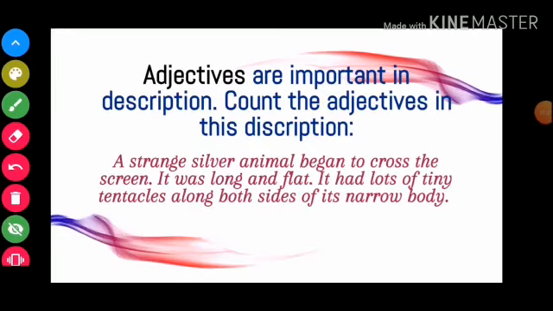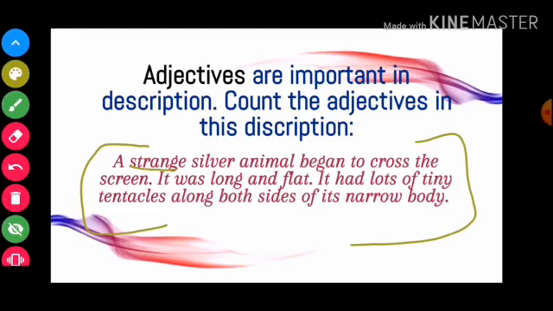Adjectives are important in description. الصفات مهمة جدا في الوصف. We use adjectives, right? Now count the adjectives in this description. كم صفة لدينا في هذا الوصف؟ A strange silver animal. Strange غريب, which is an adjective.